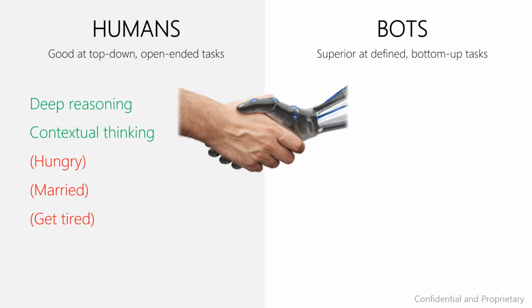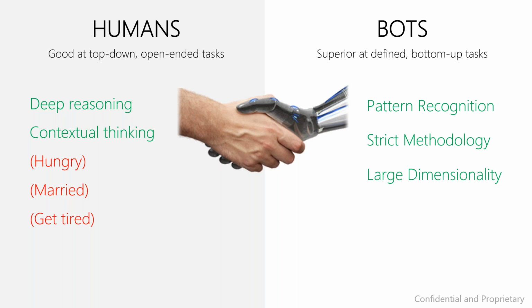Now, on the other hand, machines are superior in rigorous and exhausting tasks, such as keeping track of our sales in every state, slicing by affiliates, and letting me know if something happens, right? So they're good at pattern recognition, and following a strict methodology, and usually in places where there's large dimensionality.